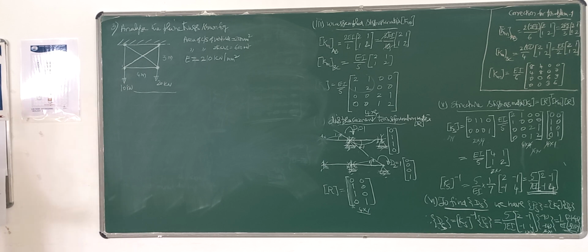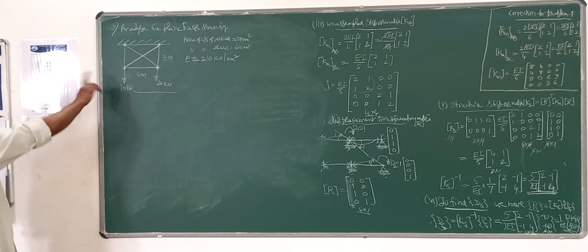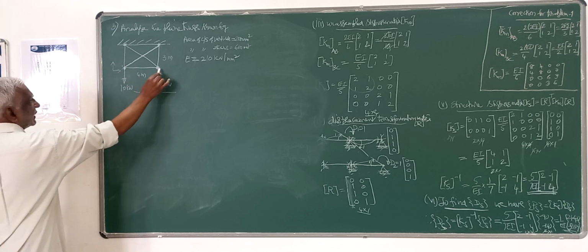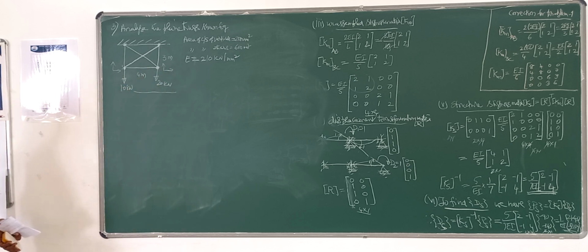Of course, stiffness method is a little bit cumbersome when compared to the flexibility method for stress problems, because here the kinematic indeterminacy is 4, that is 2 displacements here, and 2 displacements here. So totally 4 unknown displacements which we have to calculate.